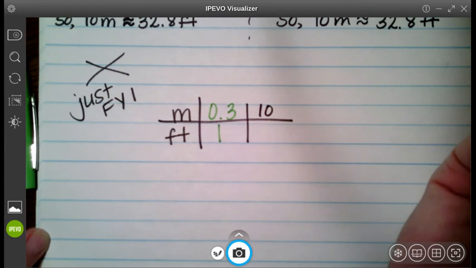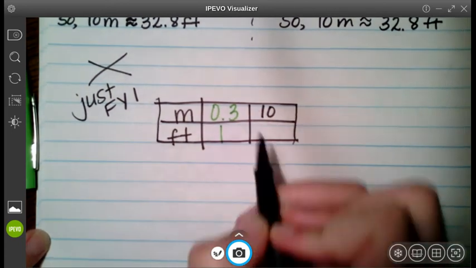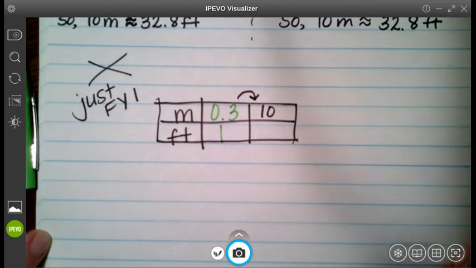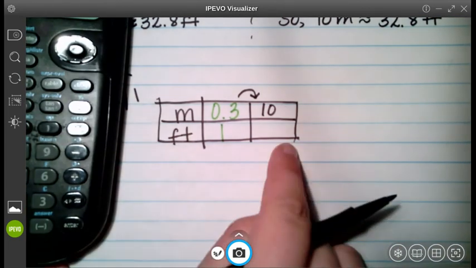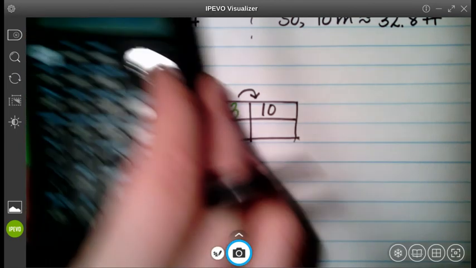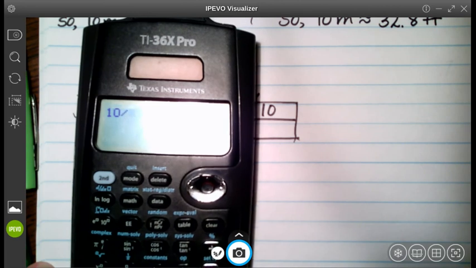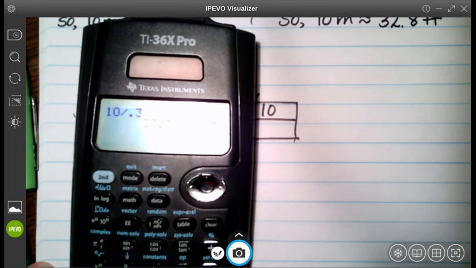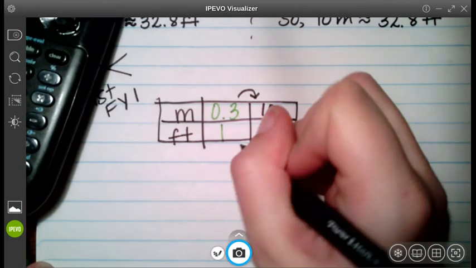If I had set up my ratio table like this, I would get myself a little bit stuck because I don't know a number times 3/10 that gets me 10. So I would have to go over to my calculator and do the division. 10 divided by 3/10 gives me 33 and 3/10 repeating.